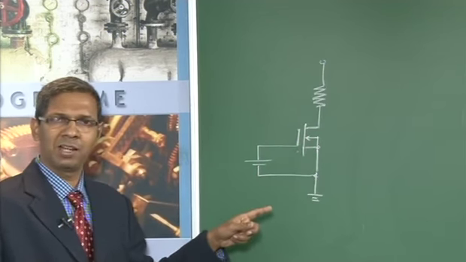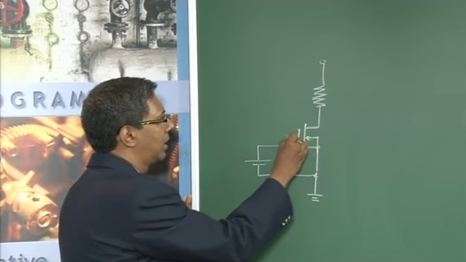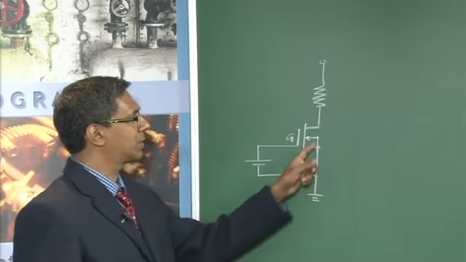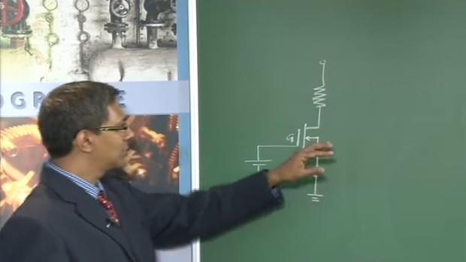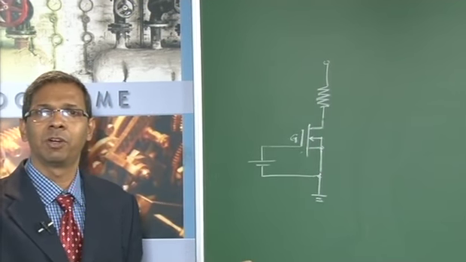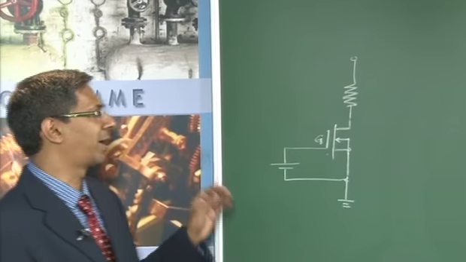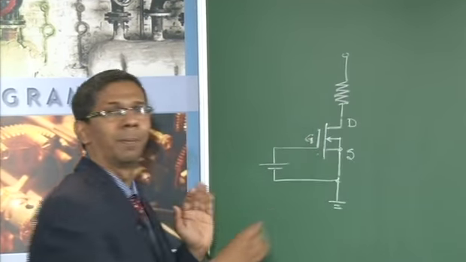Now can I identify the 3 terminals? This is definitely the gate. This was of course the substrate and the source, which are shorted so that I am using it as a 3-terminal device instead of 4 terminals. I am not using my substrate contact. So this becomes my source and this becomes my drain.